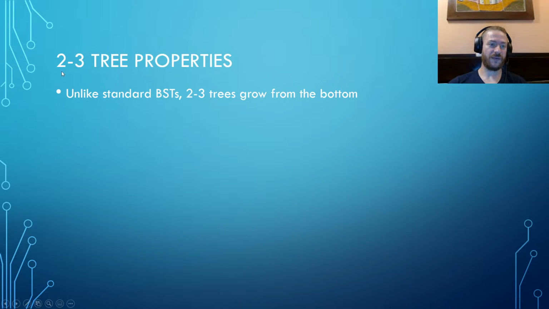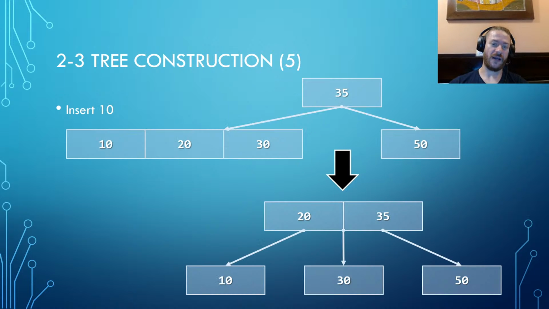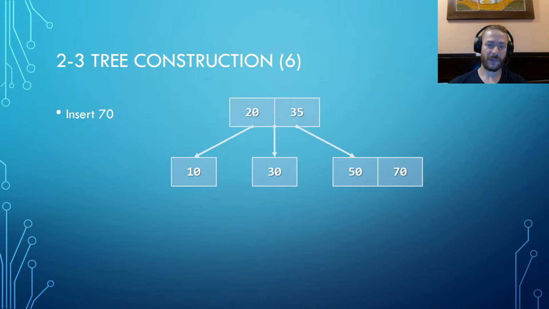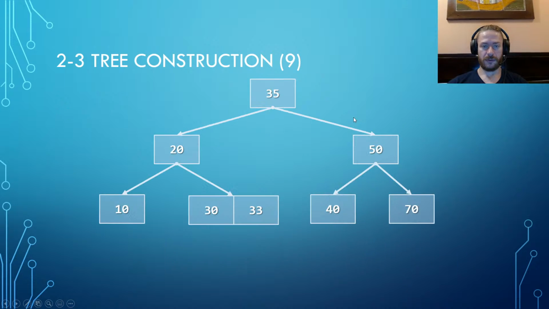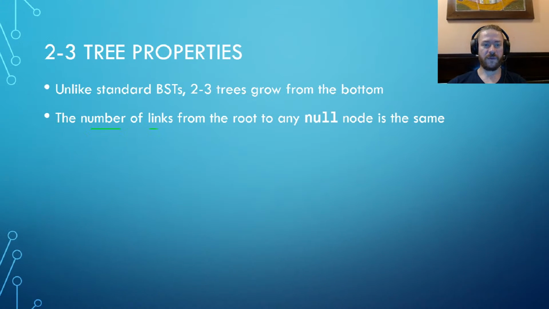Typical properties of a B tree are that they grow from the bottom. We saw that we add values and then promote parents, not the other way around as with the other trees. The number of links from the root to any non-existent node is the same.